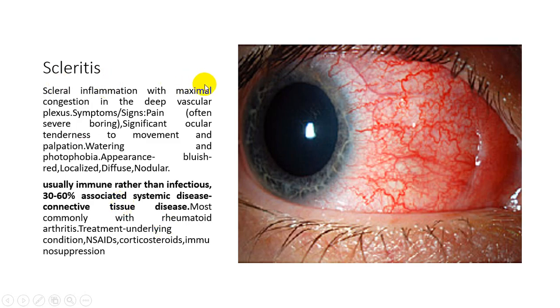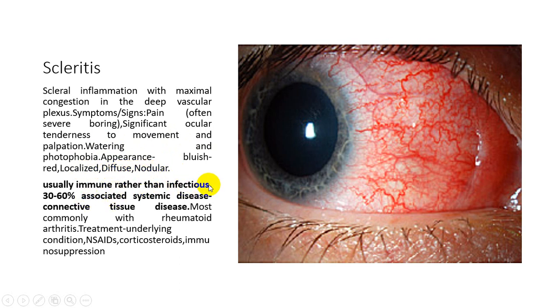Scleritis, scleral inflammation with maximal congestion in the deep vascular plexus. Symptoms are pain, often severe and boring, significant ocular tenderness on movement and palpation, and watering and photophobia. Appearance is bluish red, localized, diffuse or nodular.